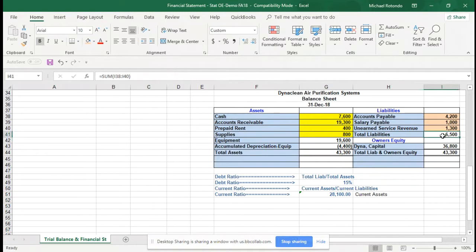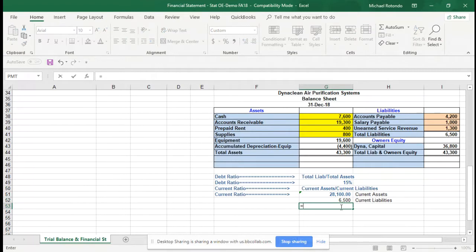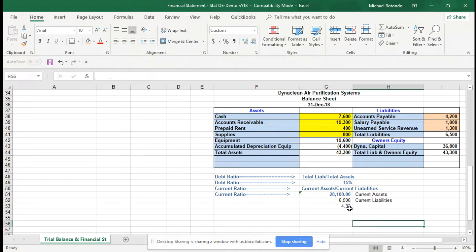My current liabilities are going to be the same as the total, okay? Which is not always the case. This happens to be the case here. Okay, so to get my current ratio, I'm going to take my current assets over my current liabilities. So my current ratio is going to be 4.32.